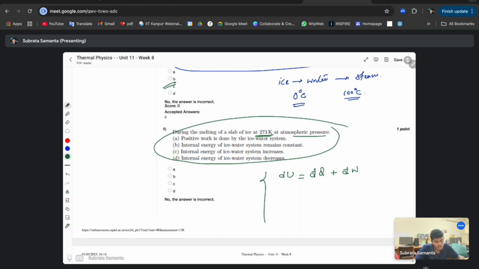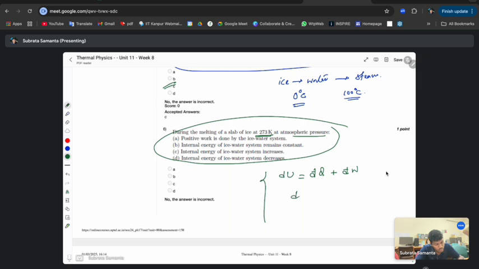So now, the process here is the melting of a slab of ice at 273 Kelvin. That means is dQ positive or negative? dQ in this case is positive because the system absorbs heat from the surroundings. That's why there is melting of the slab of ice.